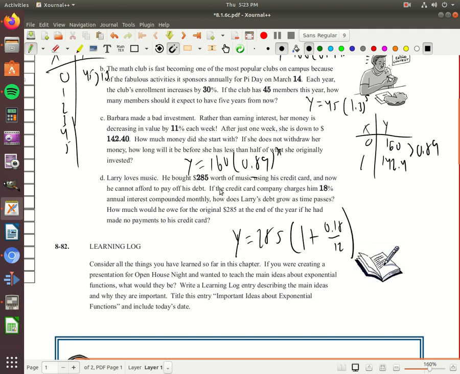Because he's paying monthly, and we'll say there are 12 payments a year. So this would be the equation that we would use, which would actually equal y equals 285 times 1.015 to the 12x. So that's how it would grow.